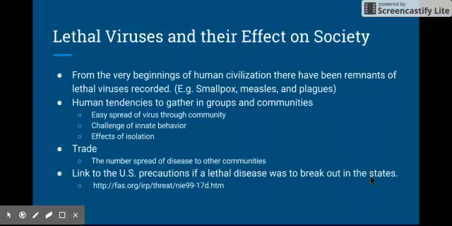With that, we will go into lethal viruses and their effect on society. So from the very beginnings of human civilization, there have been remnants of lethal viruses recorded, such as smallpox, measles, and plagues, like the Black Plague. Smallpox was first recorded way back in Egypt times.